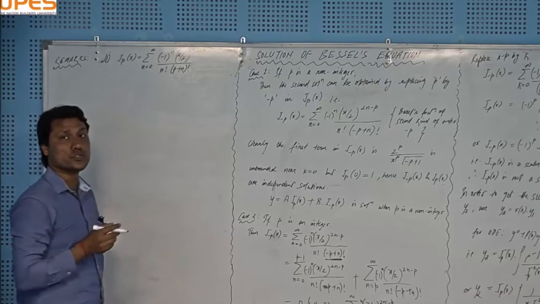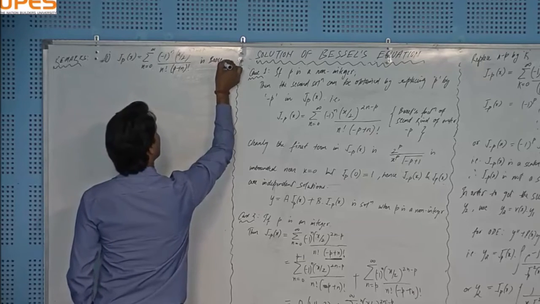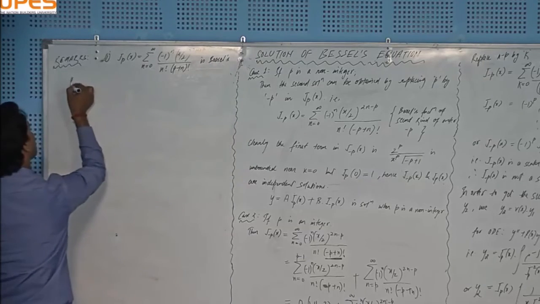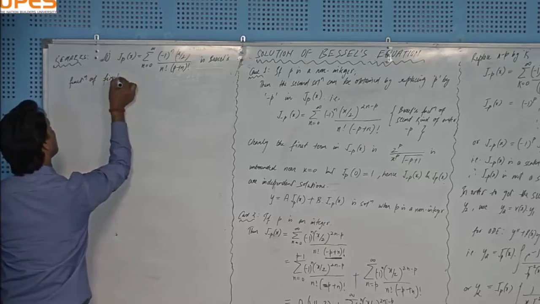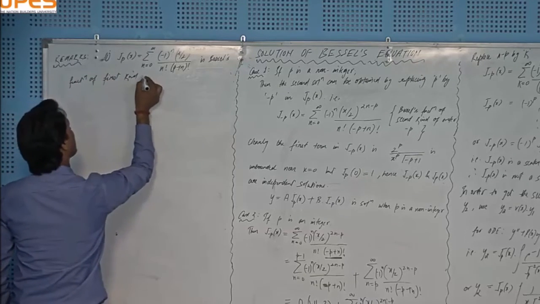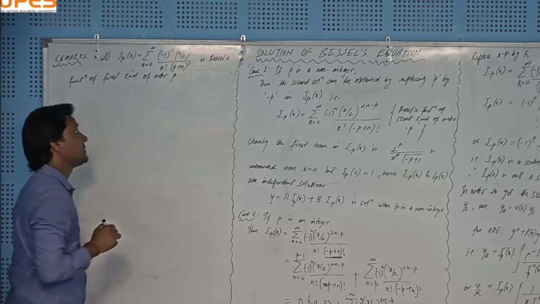So this was your first solution, Bessel's function of first kind of order p.